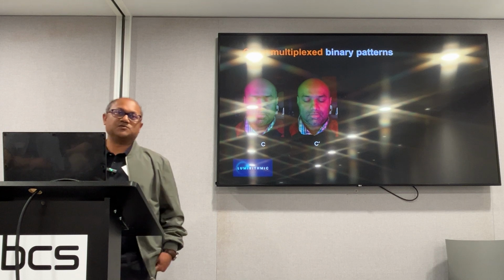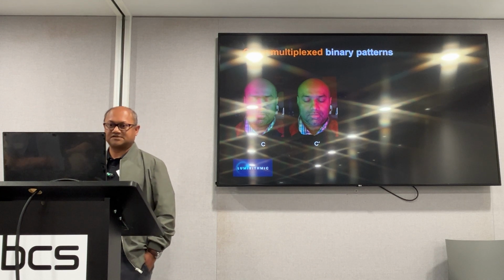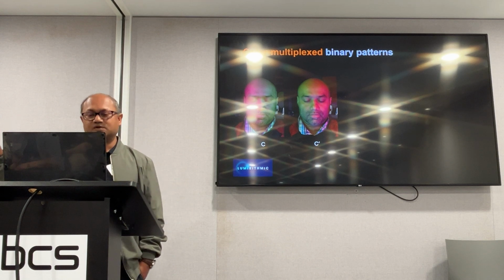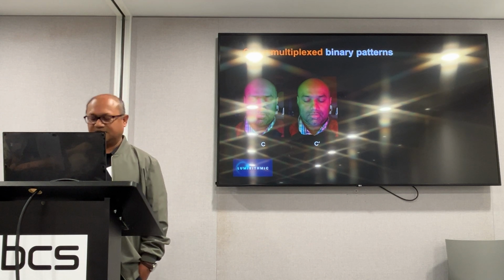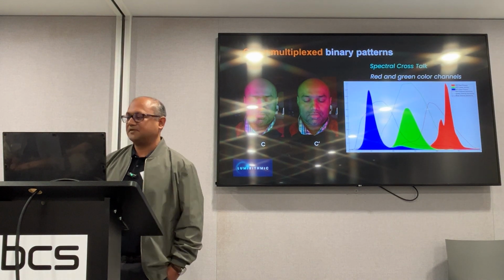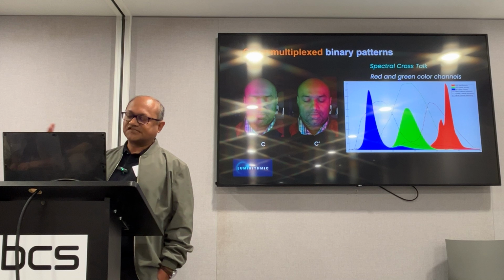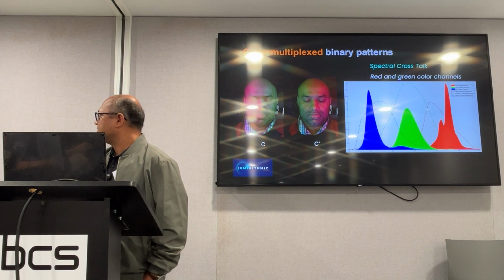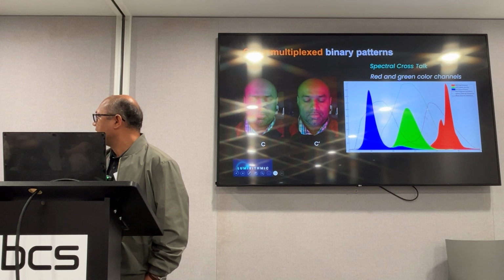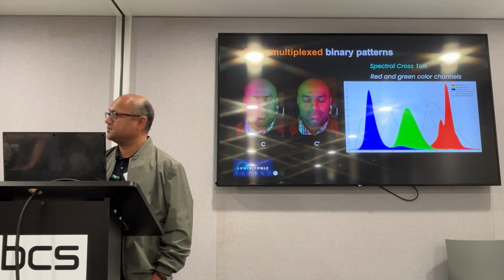Well, it turns out you can do color multiplexing of your lighting conditions and collapse the 4 conditions that I showed you to just 2 conditions, which are complementary in that they add up to white light. Now, in principle, makes sense. In practice, there is a problem, and the problem is that we are using screen illumination where essentially the primaries of the screen, red, green, and blue, have this kind of spectral power distribution.